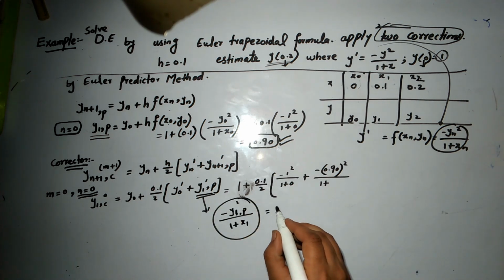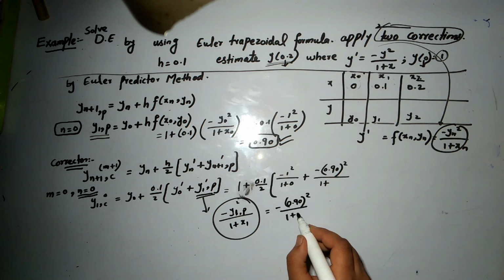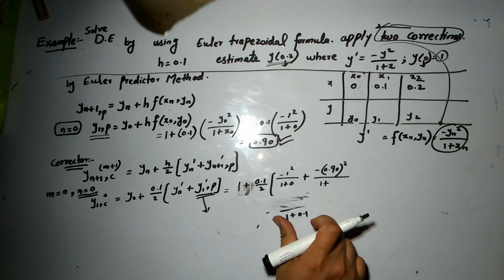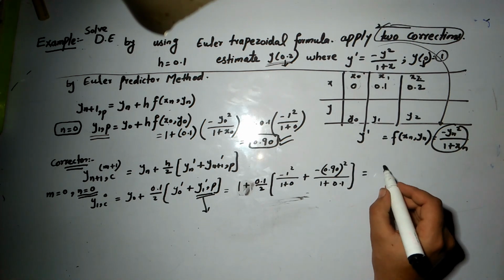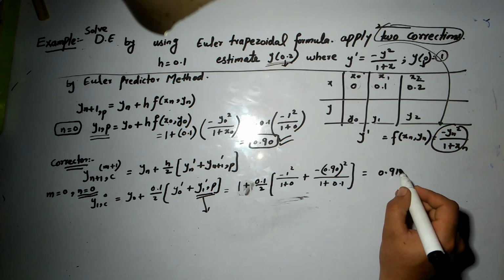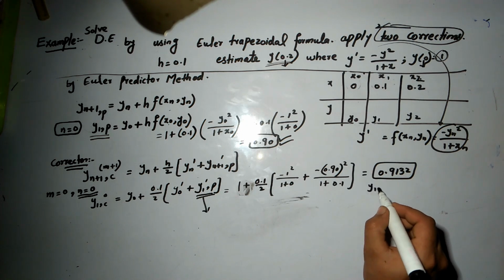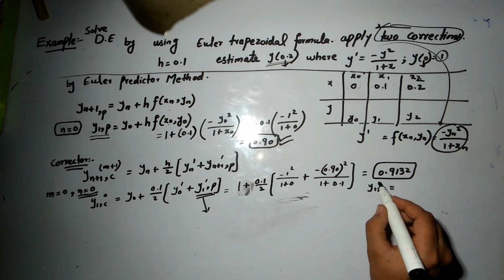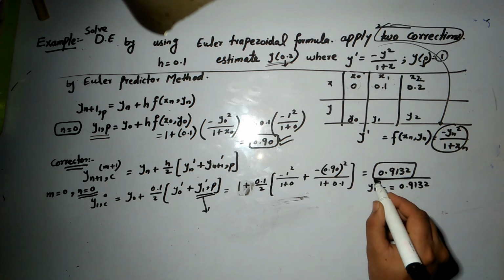So this will become minus 0.9 squared over 1 plus 0.1. Here we will put values, h is 0.1. After simplification, this will become 0.9132. So the value of y1c is equal to 0.913. This is the first correction.